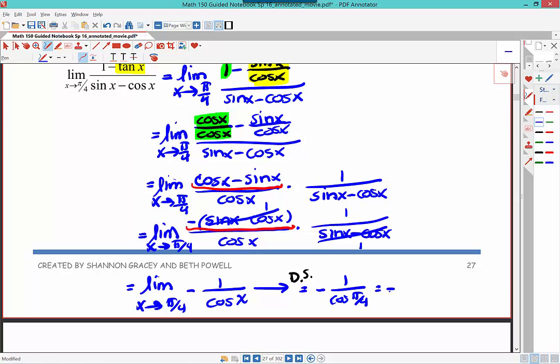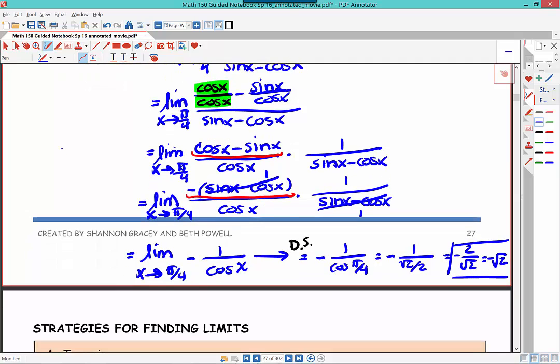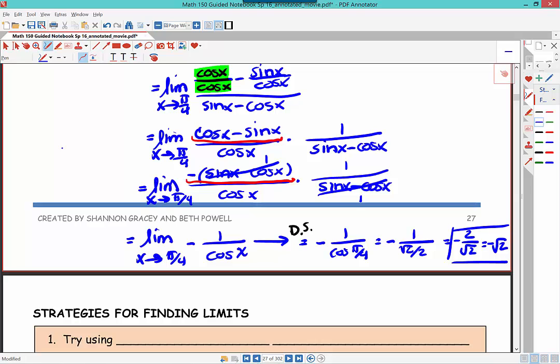Which will be equal to -1 over root 2 over 2, which is -2 over root 2, which happens to be negative root 2. Cool? All right. And again, graphically, you can verify all of these things graphically.